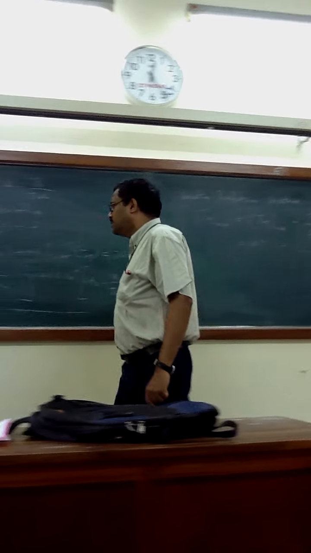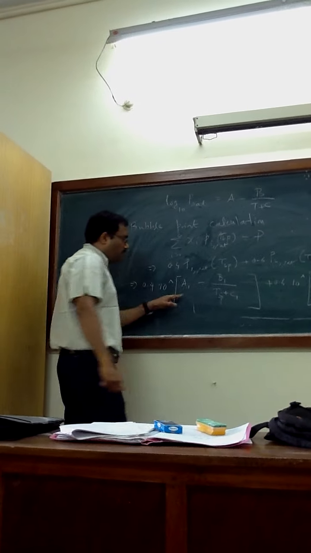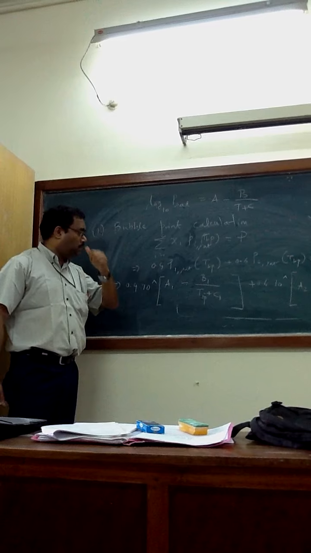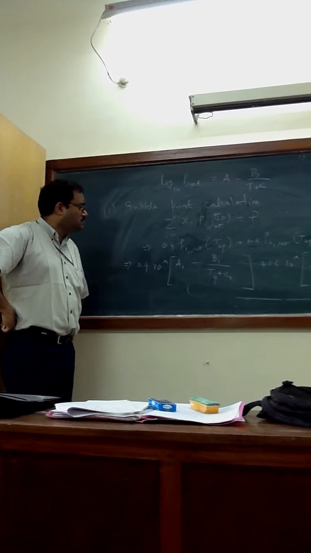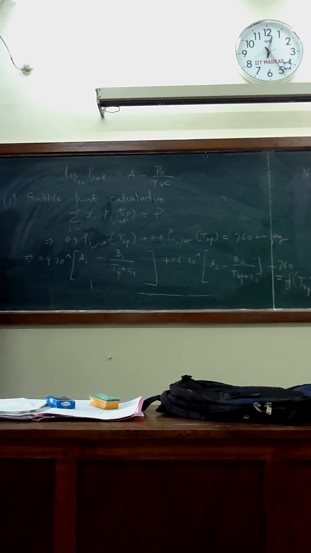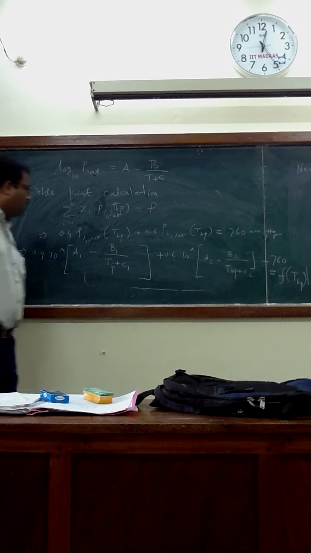You have to put 0.4 times 10 to the power A1 minus B1 by TBP plus C1. A1, B1, C1 are known.